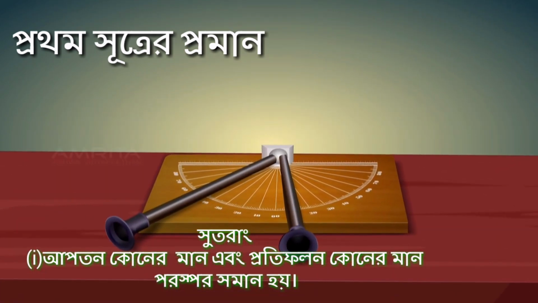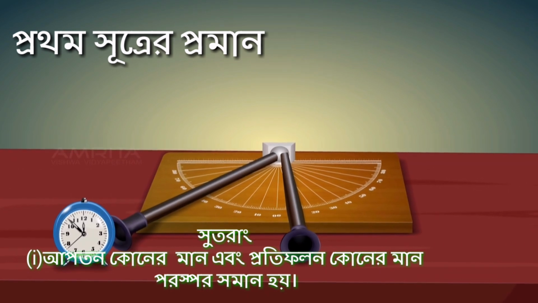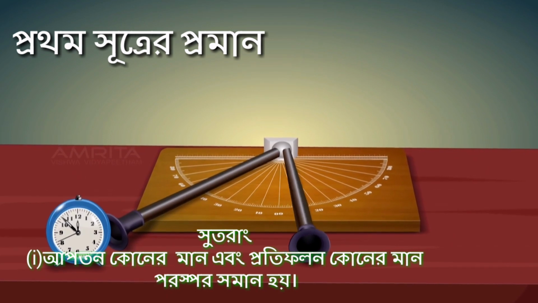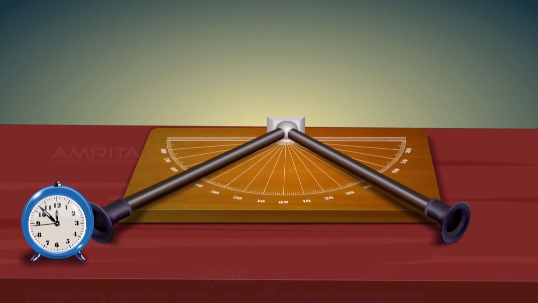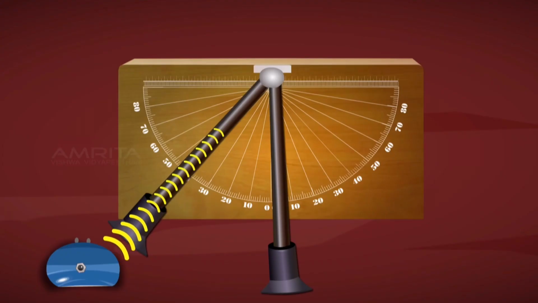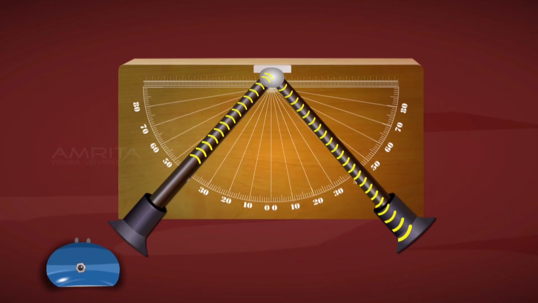If a clock is placed near the end of one of the tubes, we can hear the sound waves through the second tube by adjusting it to get the sound at its maximum. We can see that the angle of incidence is equal to the angle of reflection.